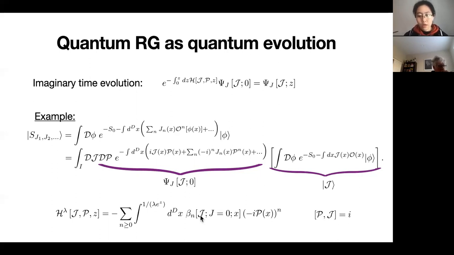Here, the curly J and curly P are quantum operators that originate from those two auxiliary fields, and now they are canonical conjugate operators. Also, there is an integration of space-time in this Hamiltonian, and the upper limit of this integration is the IR limit at the RG time Z.